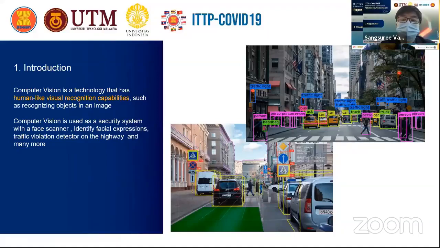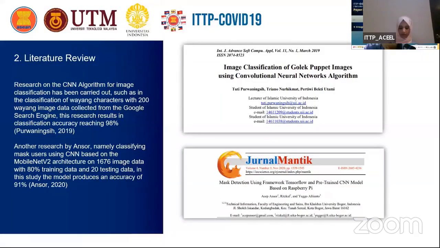The second is literature review. Research on the CNN algorithm for image classification has been carried out, such as in the classification of foreign characters with 200 images collected from the Google search engine, and this resulted in a classification accuracy of 98%.